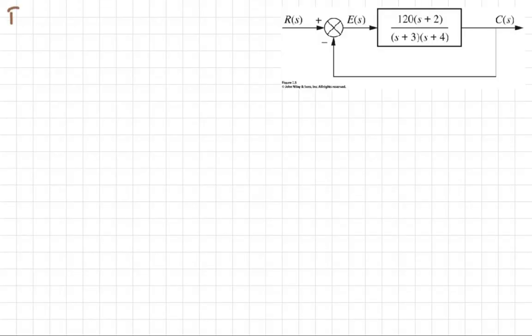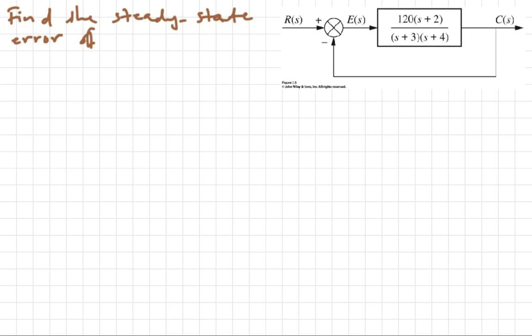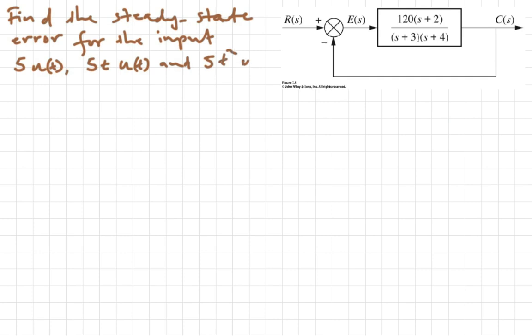In this example, we are to find the steady state error for the inputs u(t), 5t u(t), and 5t squared u(t) for the system shown.